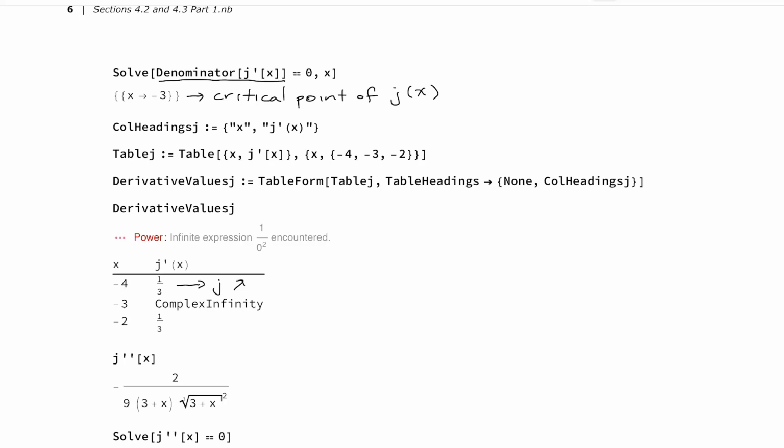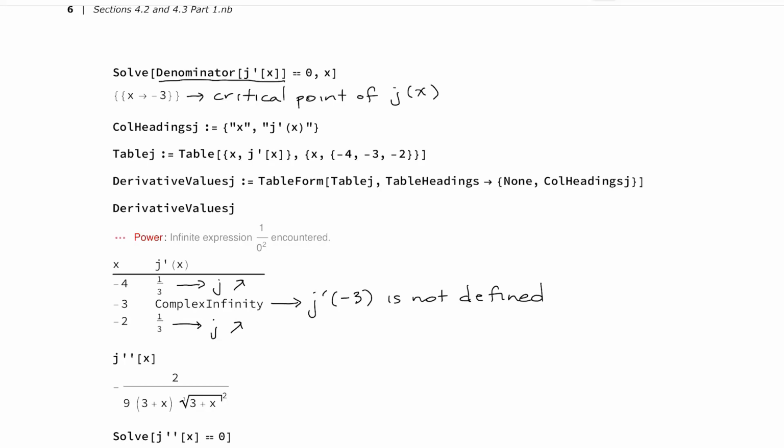Here x equal -3 is in the domain of j, so it is a critical number. I see j prime positive, meaning j is increasing when x is to the left of -3. Then I test a point to the right of -3. I tried x equal -2, and I got another positive value, so j is increasing there.